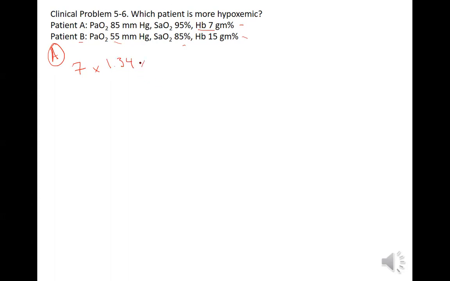Then you multiply the SaO2, which is a decimal, 0.95. You multiply those numbers together, and you get a number like 8.911. Now that is added to the solubility in the plasma, which takes the partial pressure of oxygen, PaO2, and that's a whole number, 85.